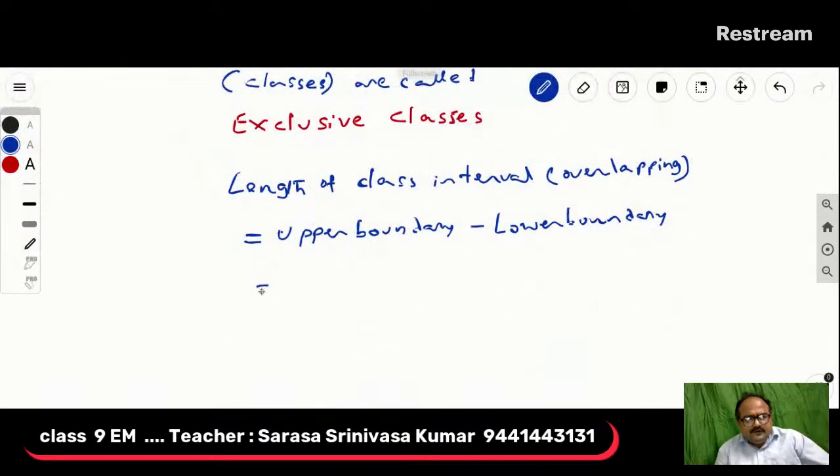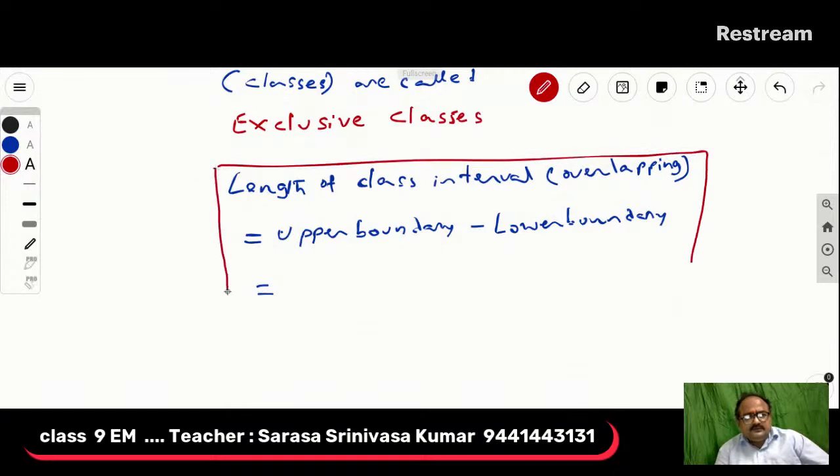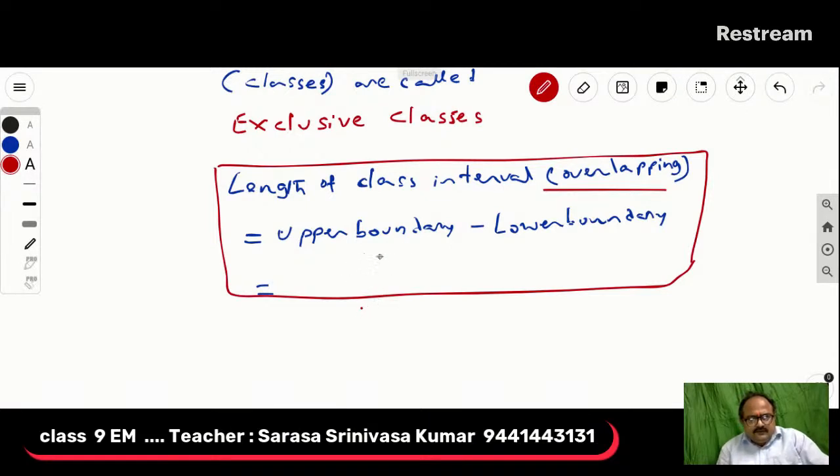So upper boundary minus lower boundary is the length of the class interval when overlapping, that is, exclusive classes are considered.